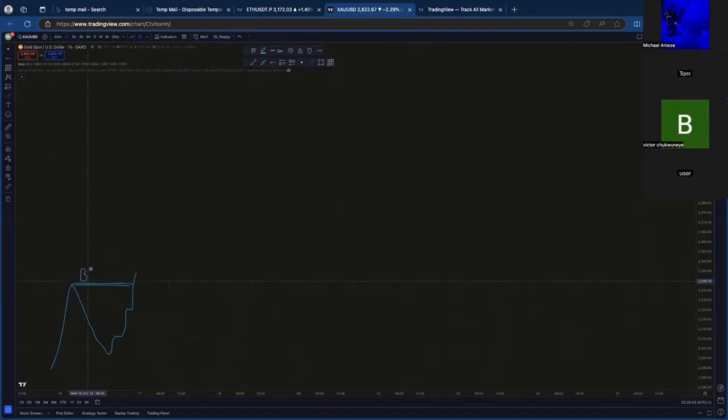BOS, BMS, whatever you call it, as long as there's a break. Now price creates a higher low and then creates a higher high. Break of market structure, BMS.